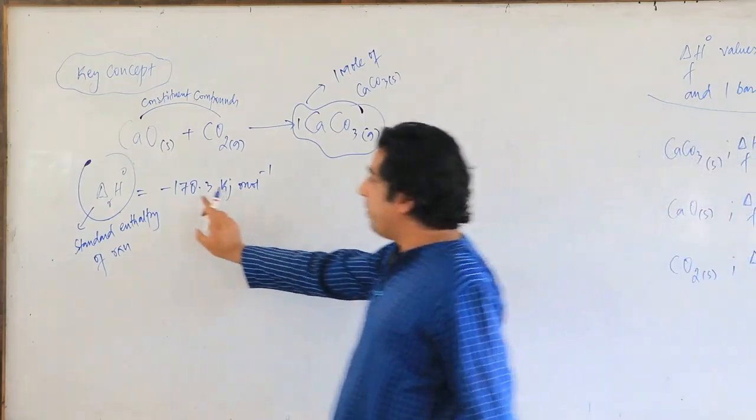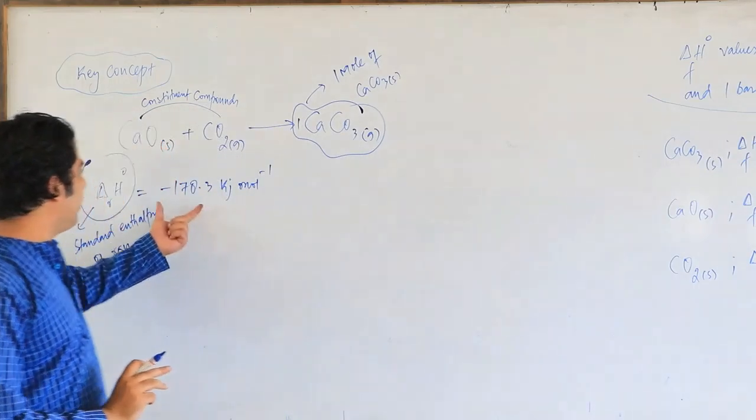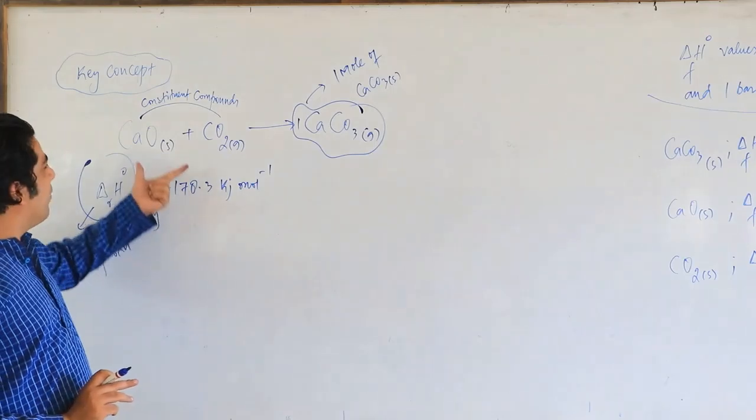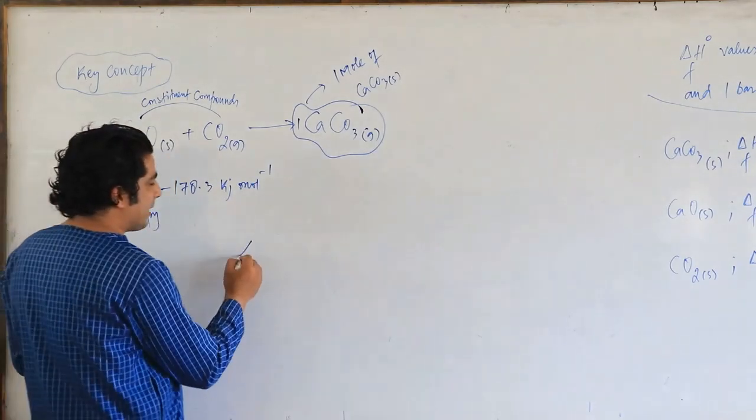So I want this particular value, minus 178.3 kilojoules per mole. So I will write down an enthalpy expression for this reaction.